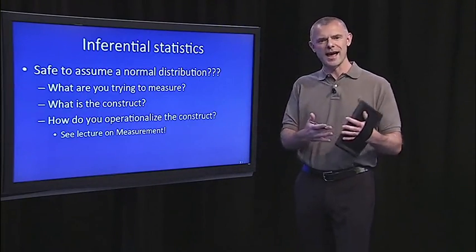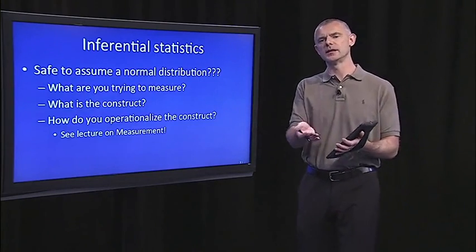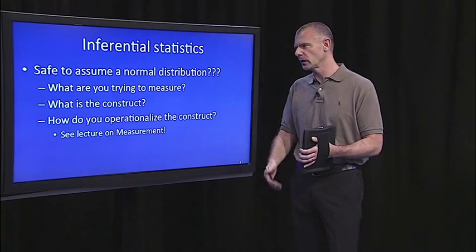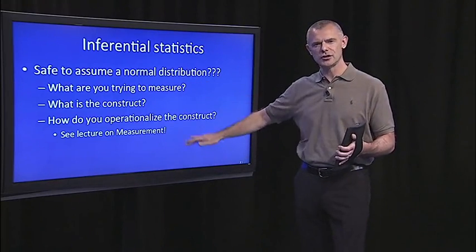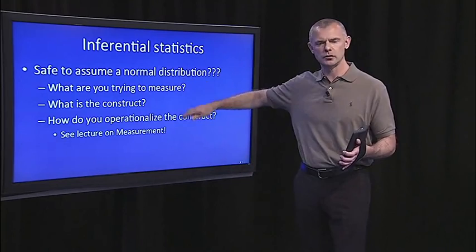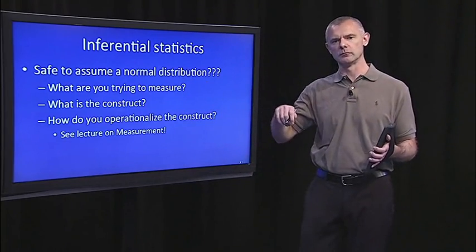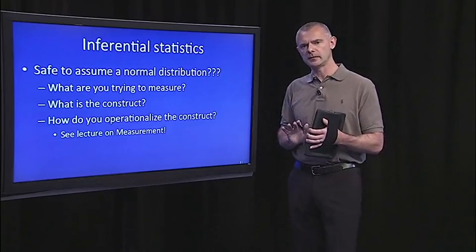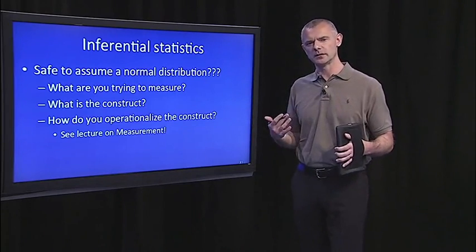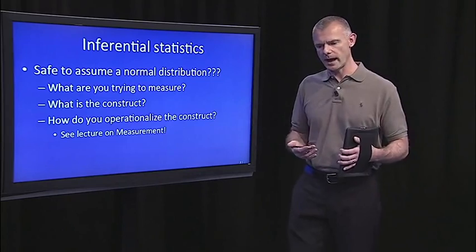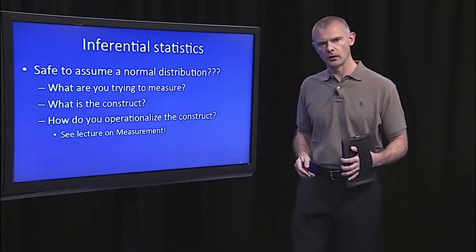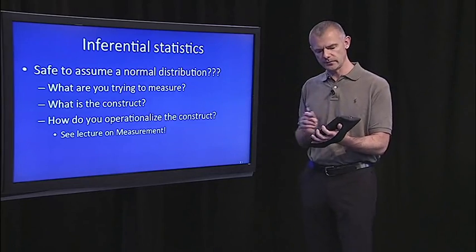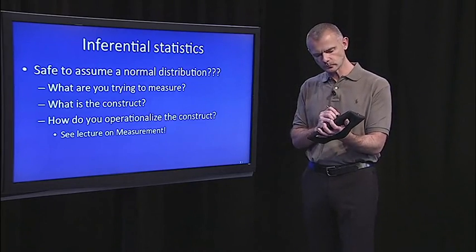That is, what task or test do we administer to get an intelligence score? All of those decisions contribute to whether we see a normal distribution or not. And that's difficult in the social sciences, particularly in psychology, where we don't have direct measurement of our constructs. But I'll save that for the measurement lecture.